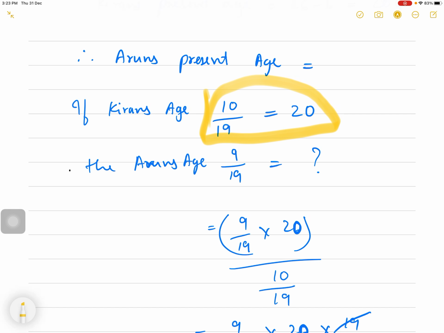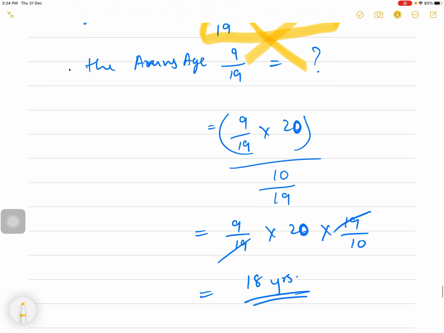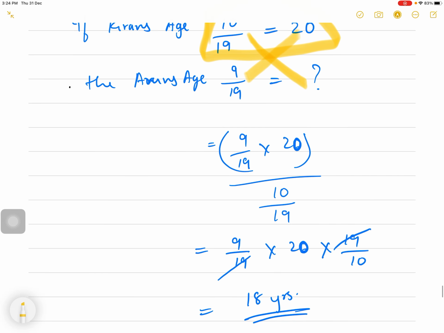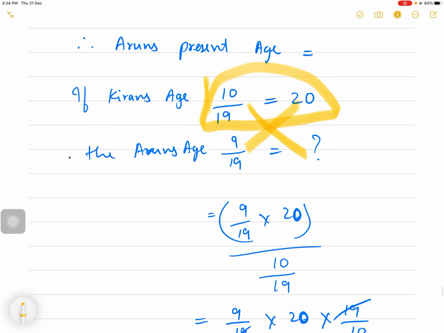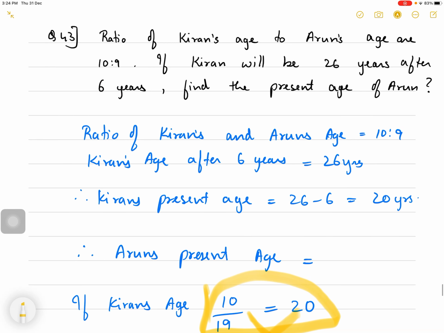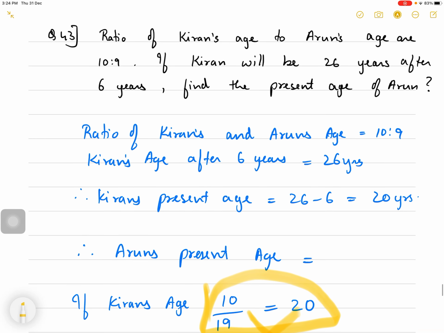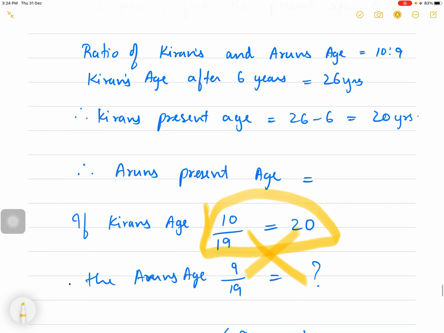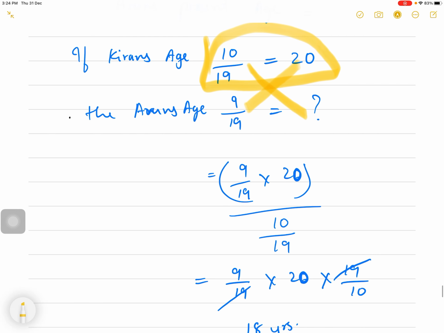So, cross multiplication, right? 9 by 19 into 20 divided by 10 by 19. You have cross multiplied, and you get Arun's age. When you cross multiply, you get 18 years. But this can be solved using another method, that is the ratio of Kiran's and Arun's age.